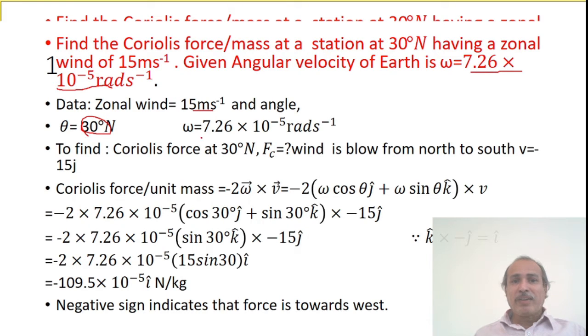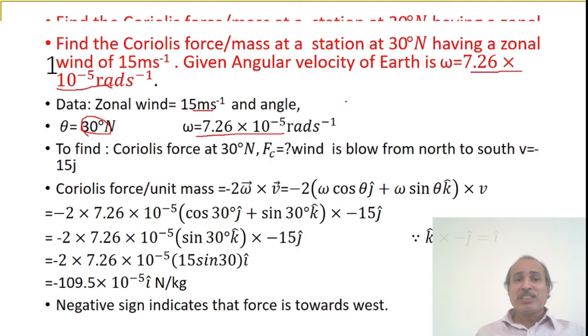And omega, the angular velocity of the earth, you know is 360 divided by 1 day. Per 1 day how many hours? 24 hours. Per 1 hour how many minutes? 60 minutes. Per 1 minute how many seconds? 60 seconds.